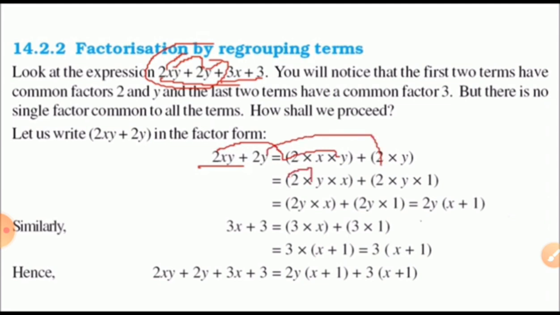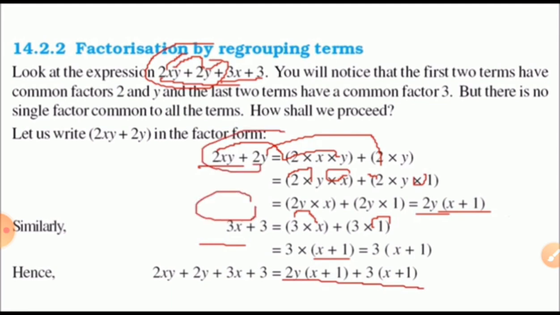But there is no single factor common to all the terms. For this one, we can make the groups, and it can be simplified very easily. 2y into x plus 1 plus 3 into x plus 1. x plus 1 is the common one. So you can write x plus 1 into 2y plus 3.